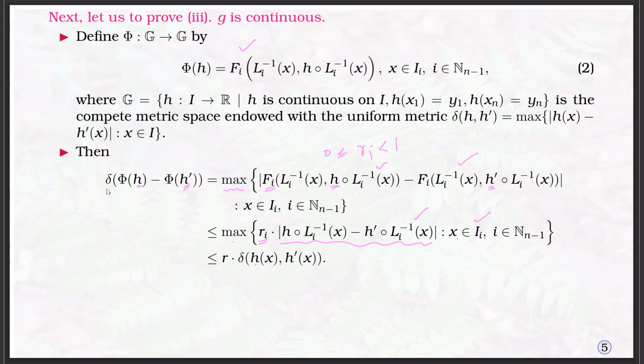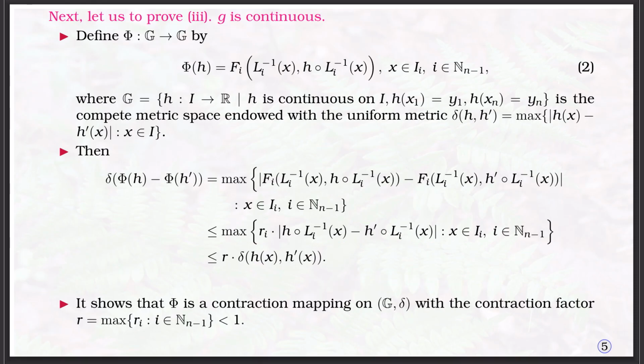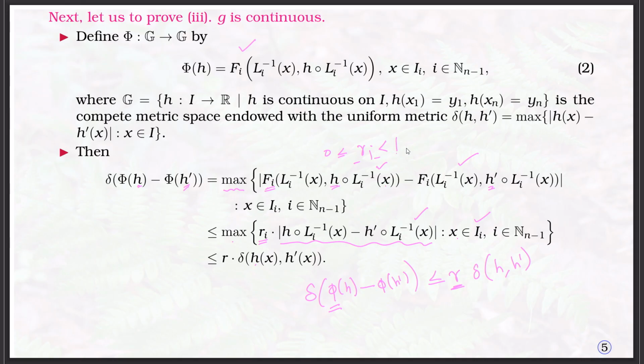So, if you take delta of phi of h minus phi of h dash, we arrive at r times delta, that means the distance between h and h dash. Therefore, this phi is a contraction mapping because r lies between 0 and 1.